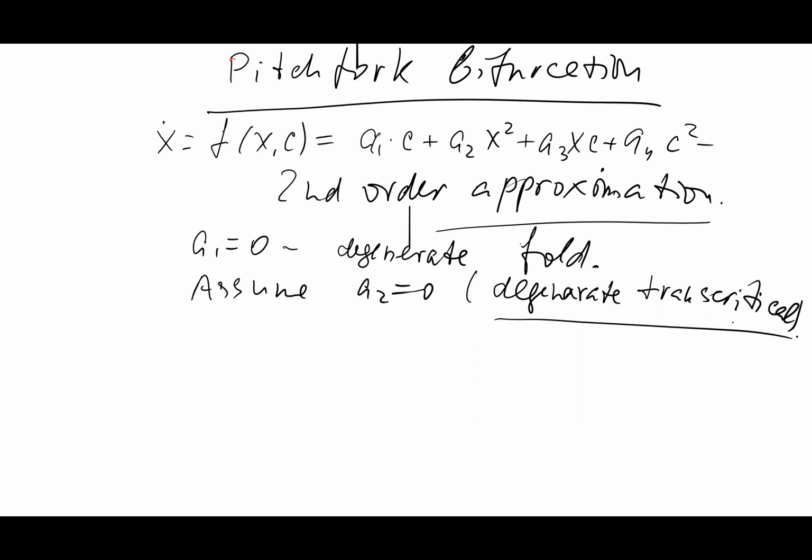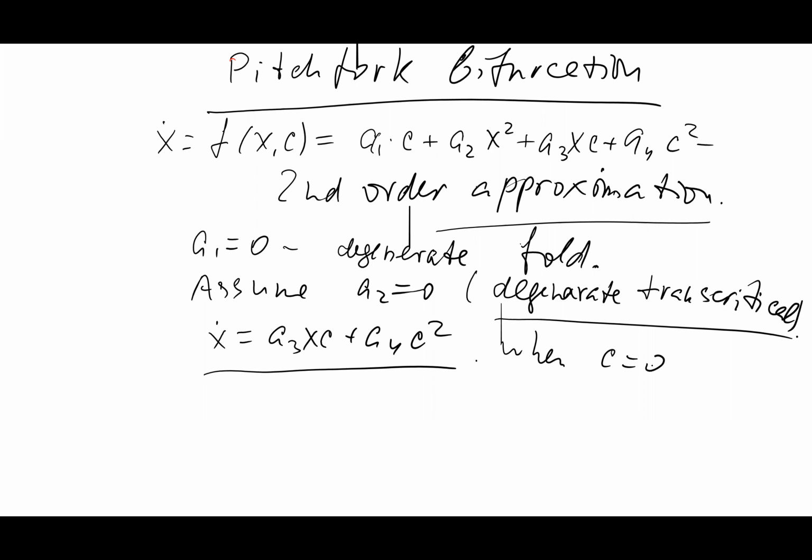And under these two assumptions, x dot will be equal to a3xc plus a4c squared. And now here anyway we have a degenerate case, because when c equals 0, any x is an equilibrium.